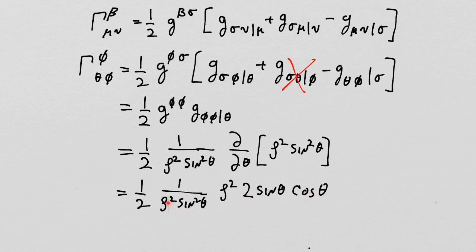And the rows are going to cancel, one factor of the sine is going to cancel, and the 2 is going to cancel. That's going to leave us with cosine theta over sine theta. And I happen to know that sine over cosine is the tangent, and cosine over sine is the cotangent. And so that is the value of phi theta phi.